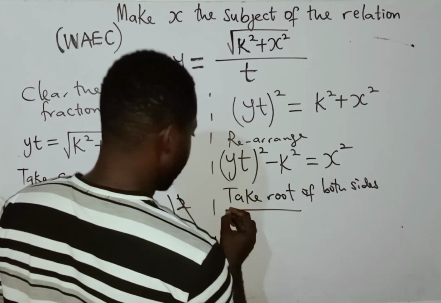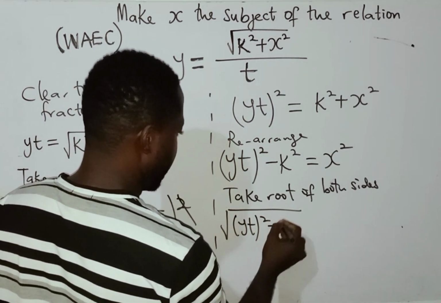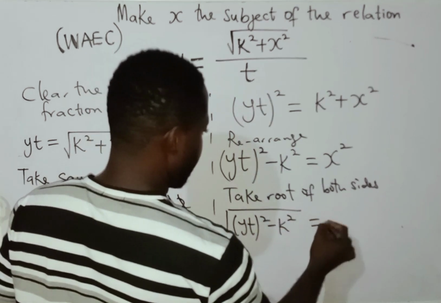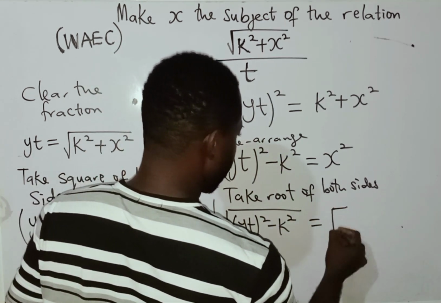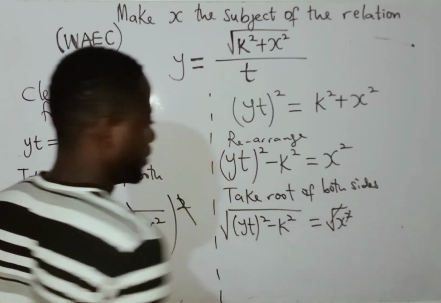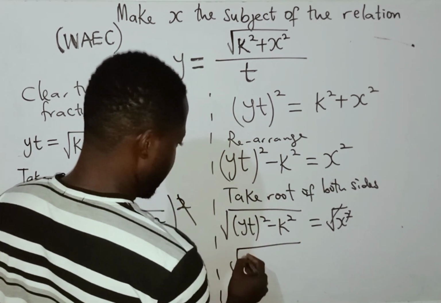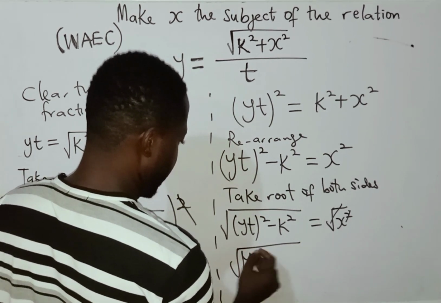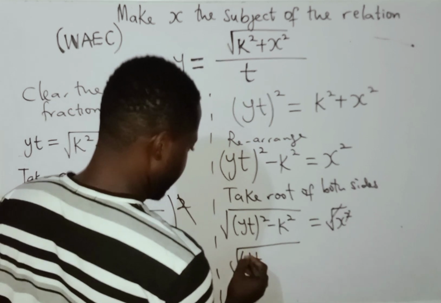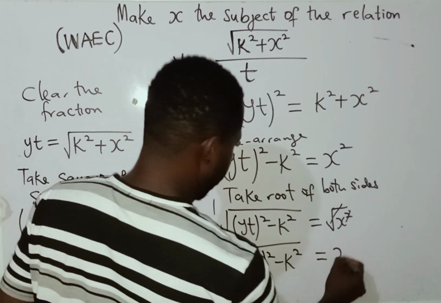So I'm going to have yt squared minus k squared equals to square root of s squared. And this square root will cancel out this square. So I will now be left with yt squared minus k squared equals to s.